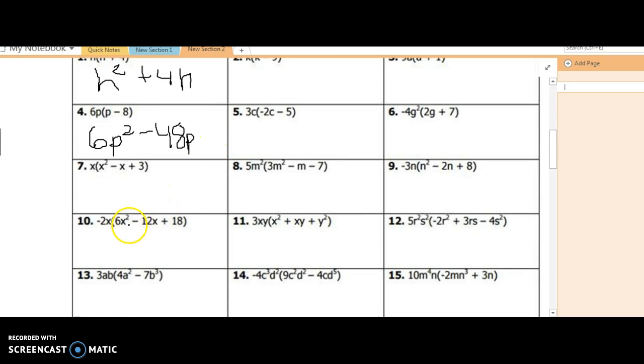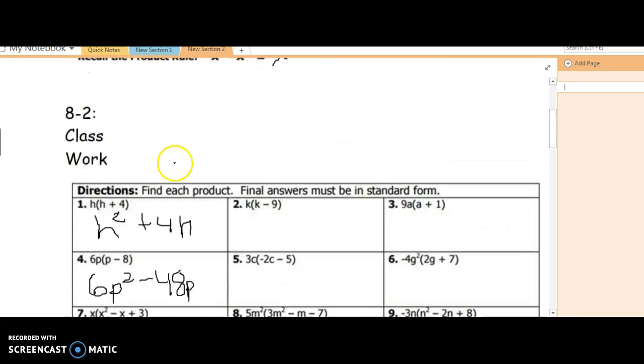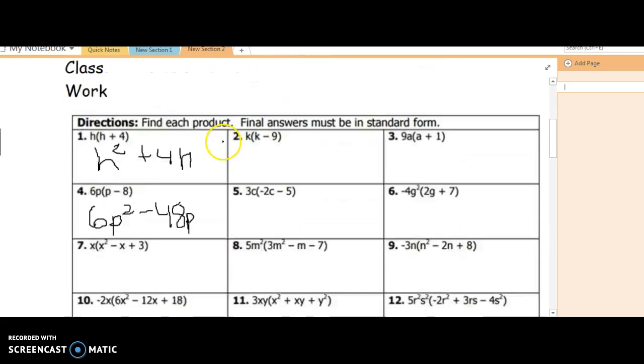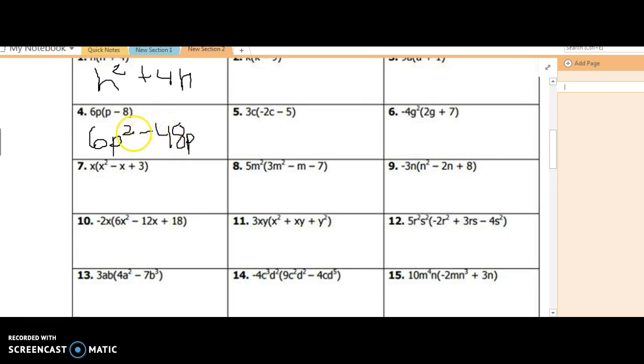Let's look at example 7 and see if we can use our property that we covered at the top. So x times x squared. Well, we know that when we're multiplying terms with different exponents, we're going to add them together. So x has an exponent of 1. So 1 plus 2 is going to give us x cubed.